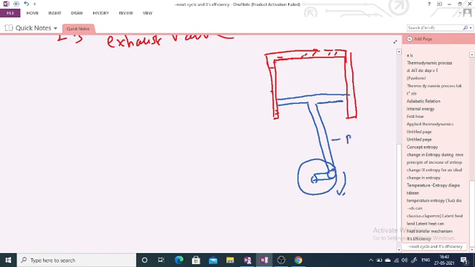This is your piston and this is your cylinder, and there are three valves: the first valve, the second valve, and the third valve. So write I1, I2, and I3.